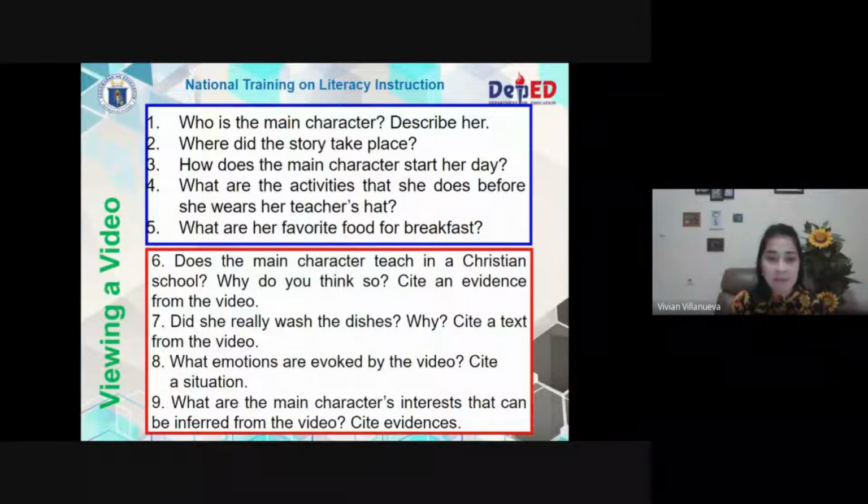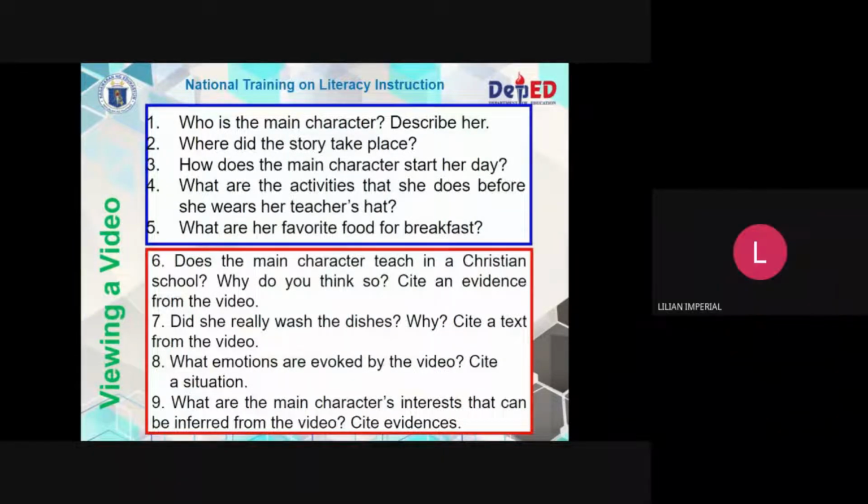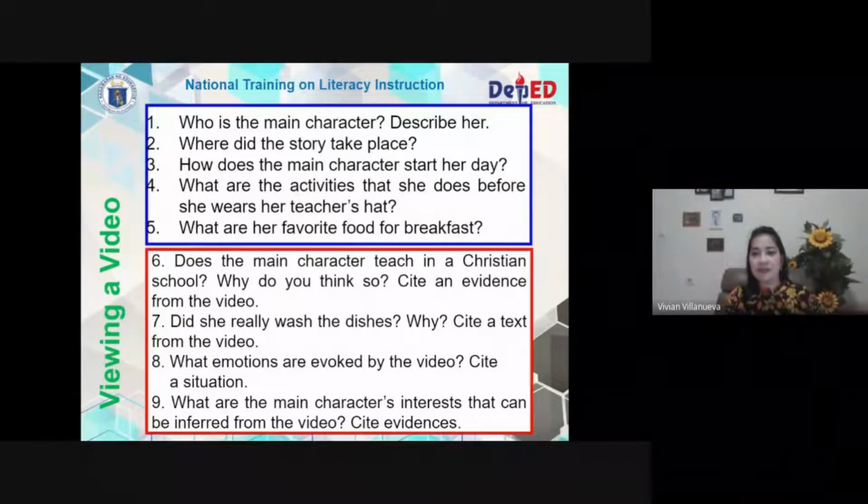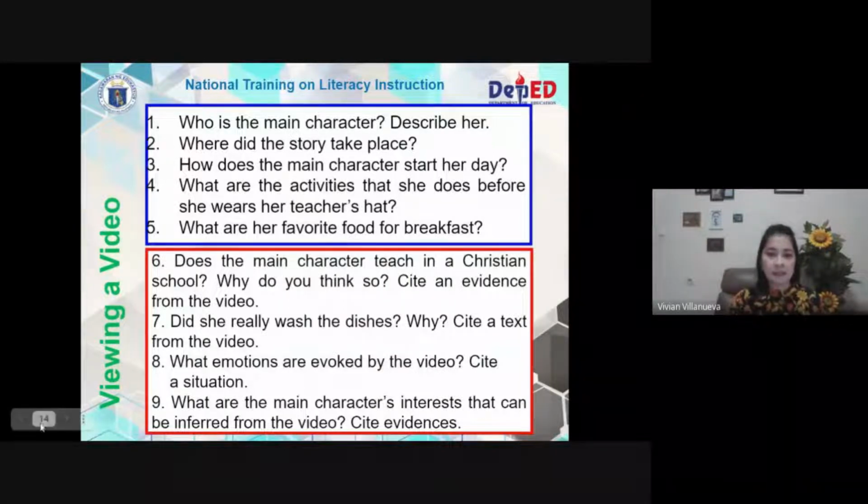You can just type blue or red. Explicit, it's the blue. Blue, blue. Thank you. Good. And the other one is implicit. Mom Ruby already explained why they are in the implicit category.